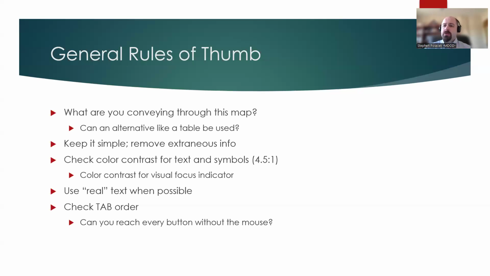The next point is you want to use real text when possible. Real text means actual text, not images of text. So when you enter it into the program, into the code, it's actual text. That usually allows users to use either custom style sheets, or screen readers or other AT, to access it and be able to read it. That gives us a lot more flexibility, and it means we don't have to write descriptions of every single part.